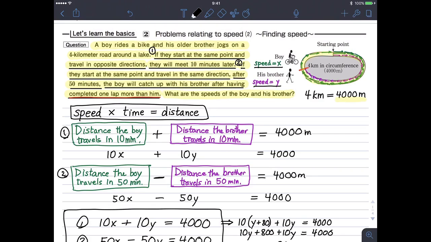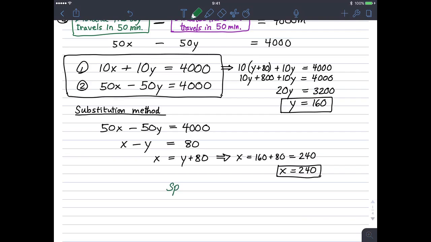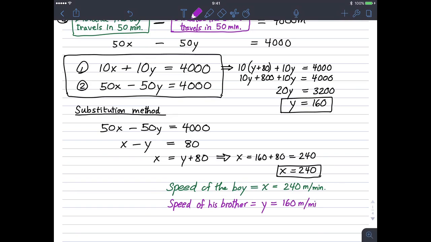The units for distance are meters, and the units for time are minutes. So the speed of the boy, x, is 240 meters per minute. And the speed of his brother, y, is 160 meters per minute. And that is the answer to our question.